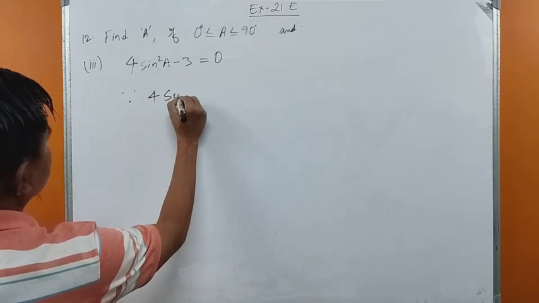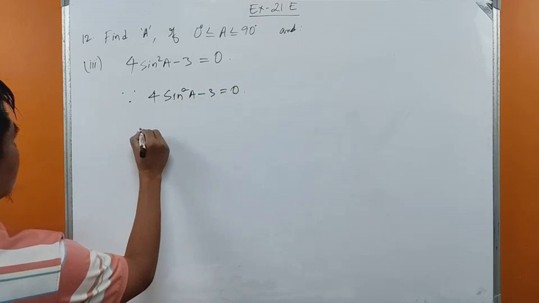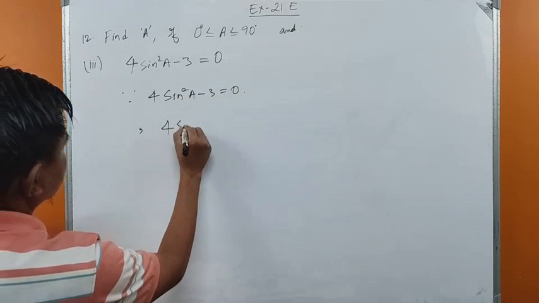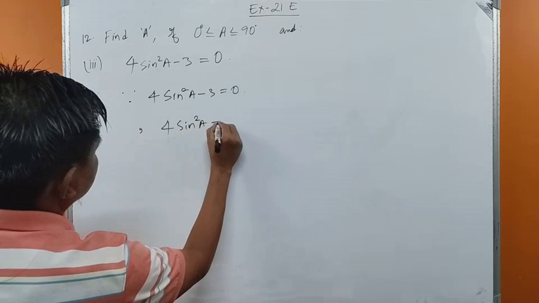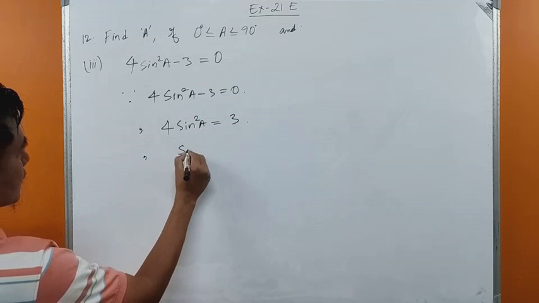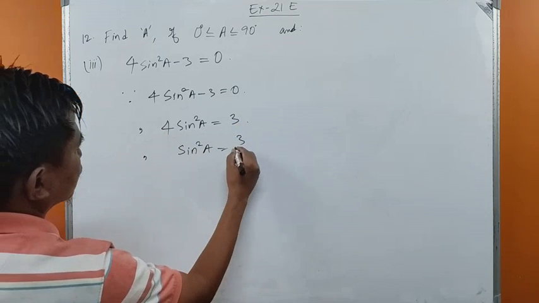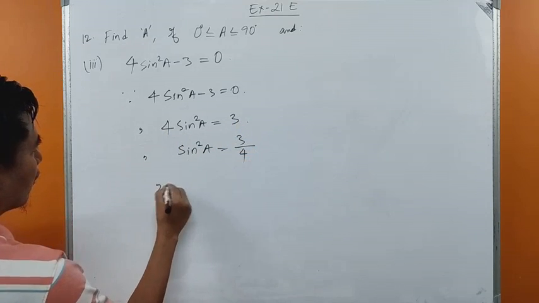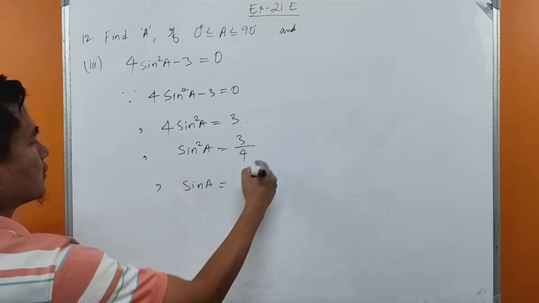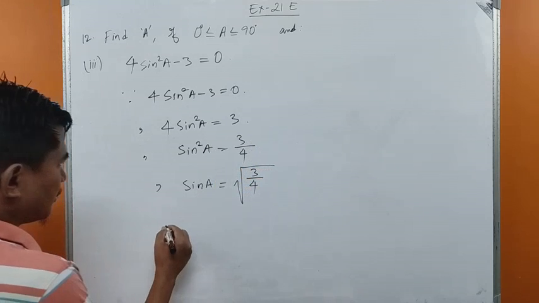Since 4 sin square A minus 3 equals to 0, or 4 sin square A equals to minus 3, we take to the right hand side, becomes plus 3, sin square A equals to 3 upon 4, this 4 goes to the denominator, or sin A equals to, we take this square to the right hand side, becomes root 3 upon 4, isn't it?